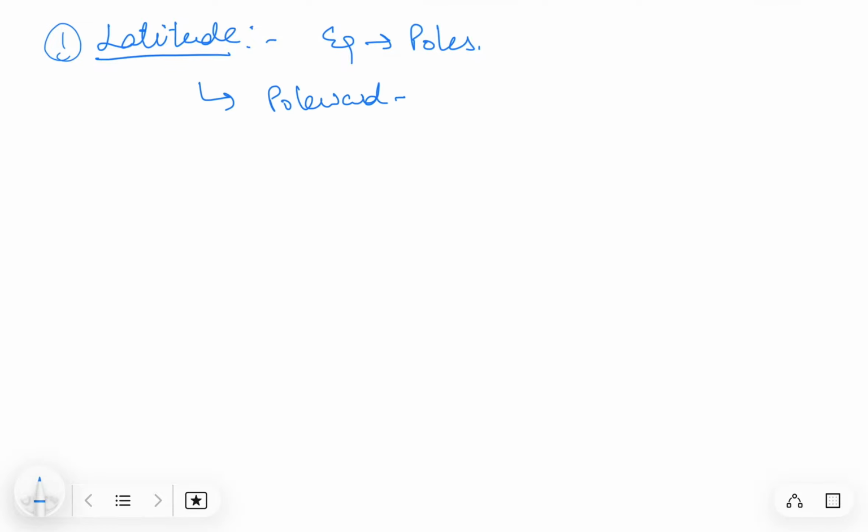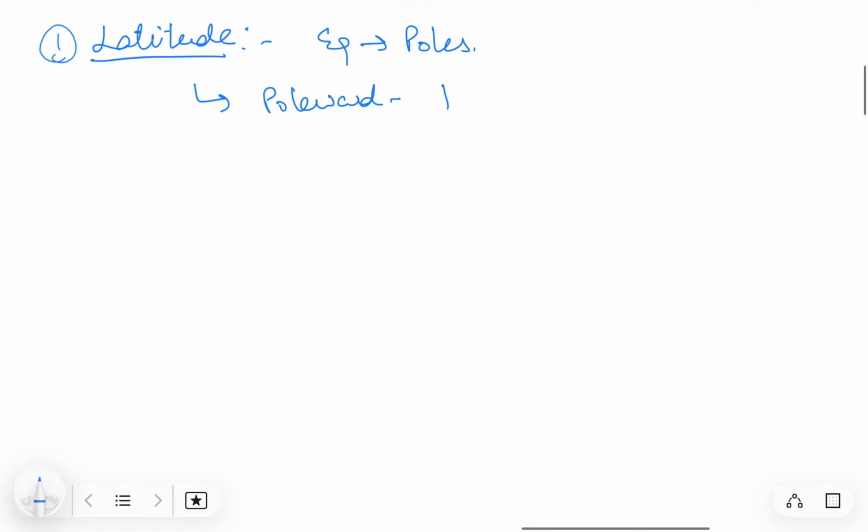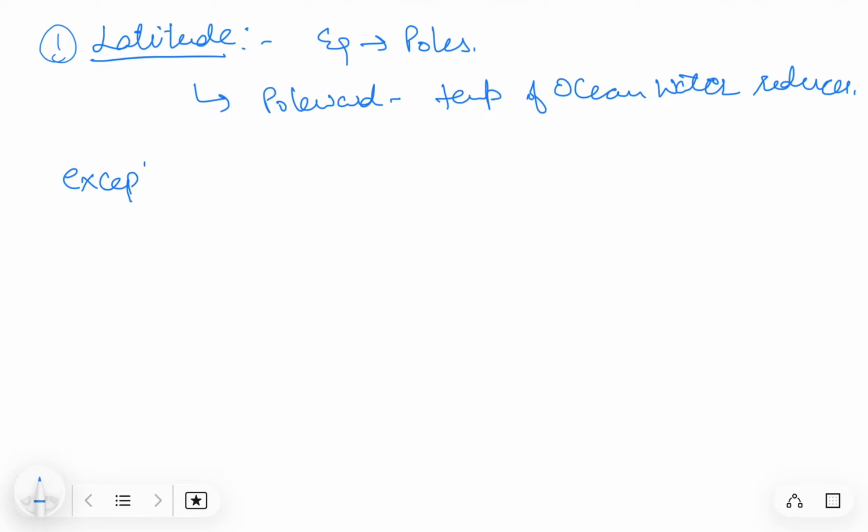In poleward areas the temperature of ocean water reduces. But there are two exceptions.